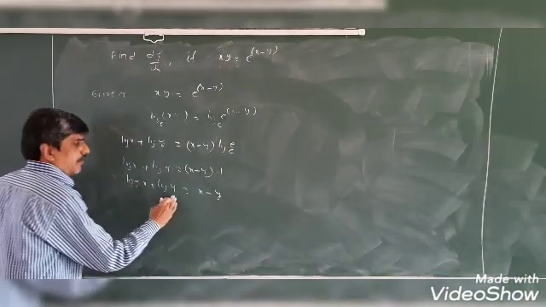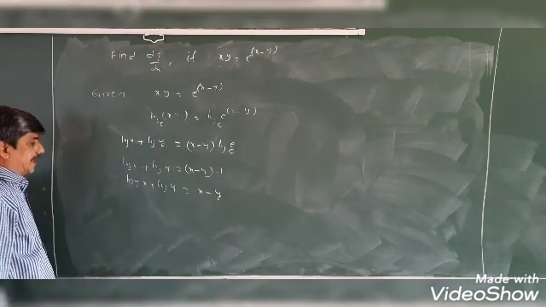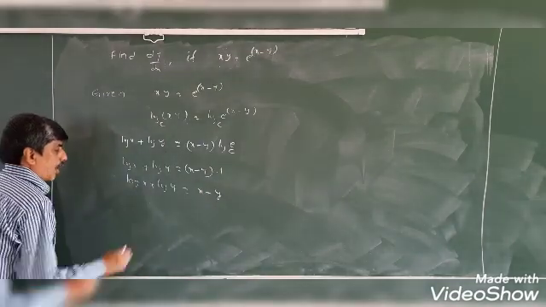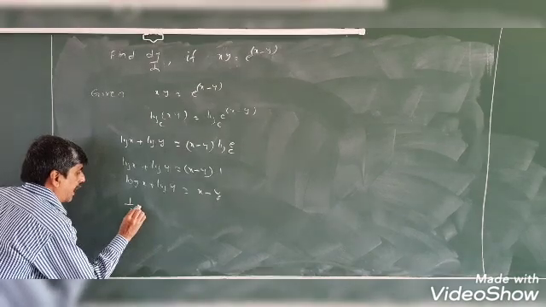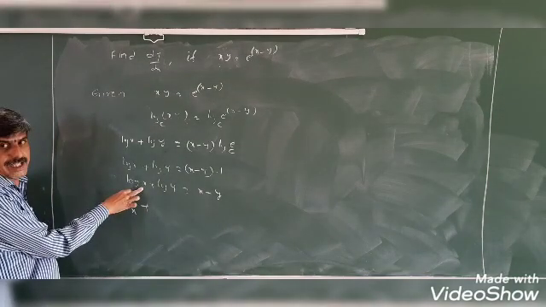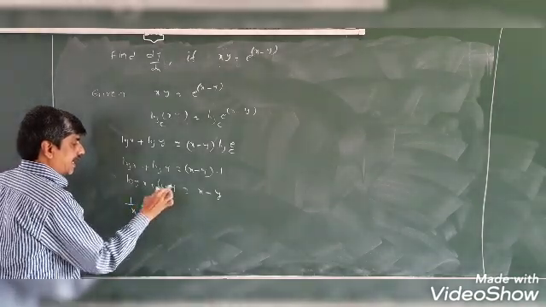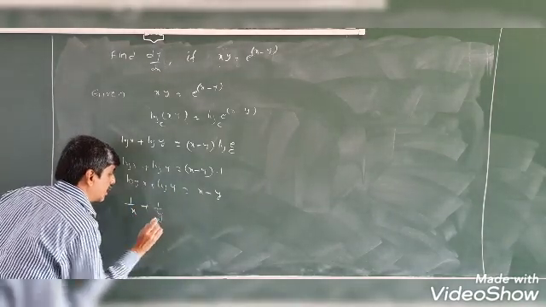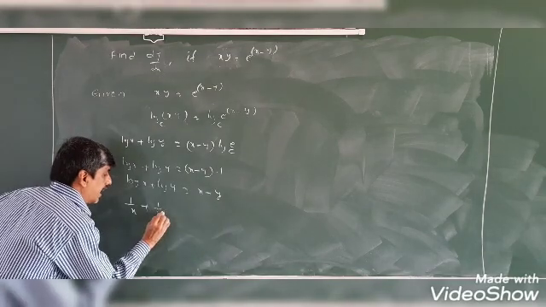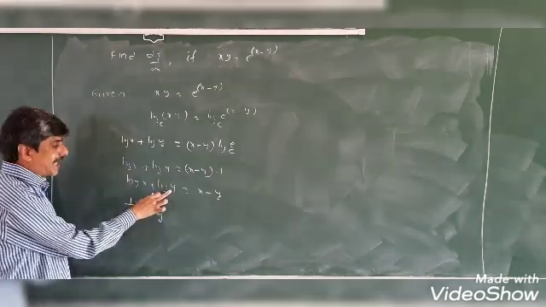Now differentiate with respect to x on both sides. Then d by dx of log x is 1 by x. Here, in the place of x only there. Then d by dx of x is 1. Plus d by dx of log y means 1 by y, but here in the place of x not there.